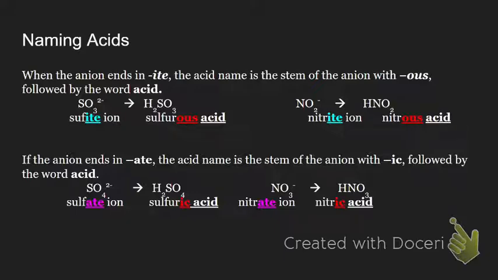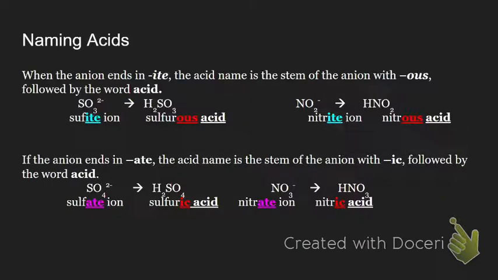When the polyatomic ion ends with the letters A-T-E, ate, you're going to drop the ate, and you're going to put ic, I-C, acid. So there's actually a mnemonic for this, and it says, "I ate icky apples, despite it being poisonous."